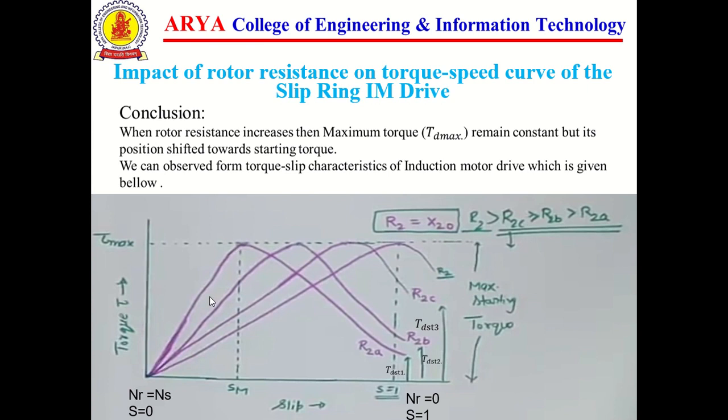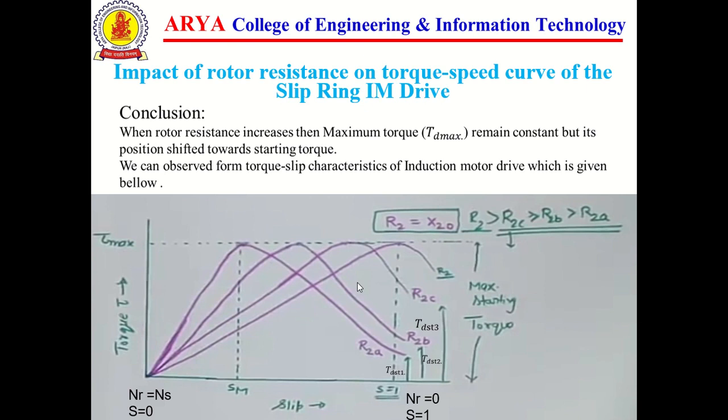This is the low slip region, here the medium slip region, and here the maximum slip region. So the torque slip characteristic is divided into 3 regions: low slip region, medium slip region, and high slip region.